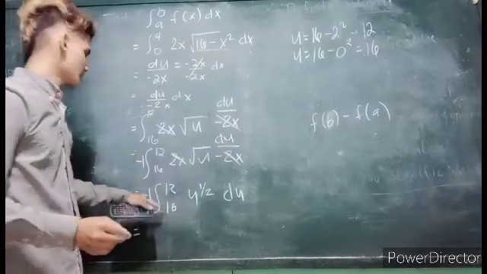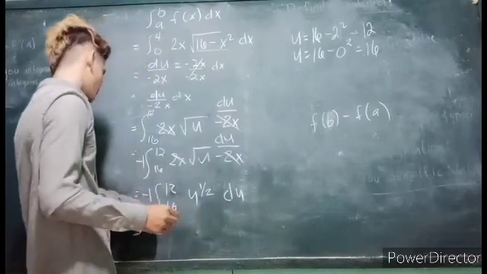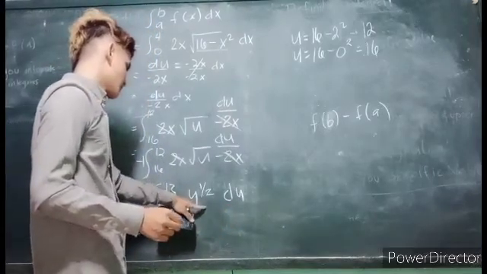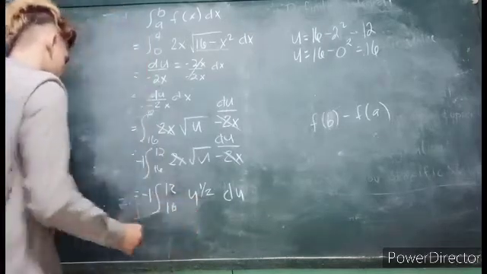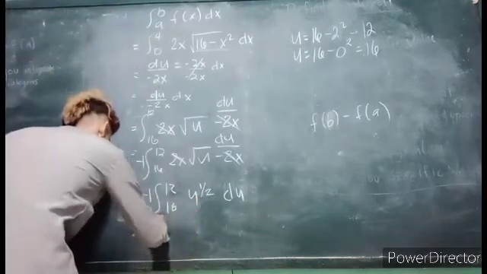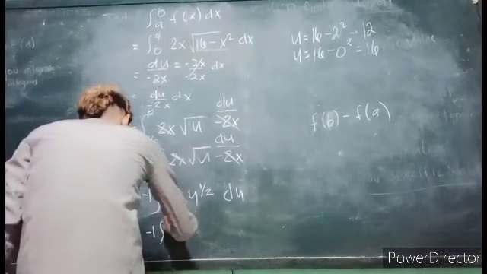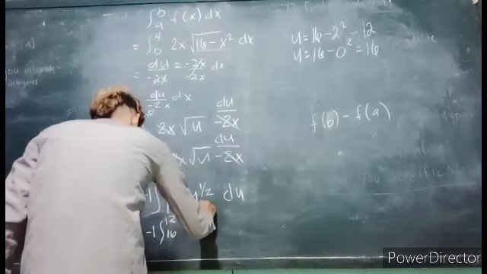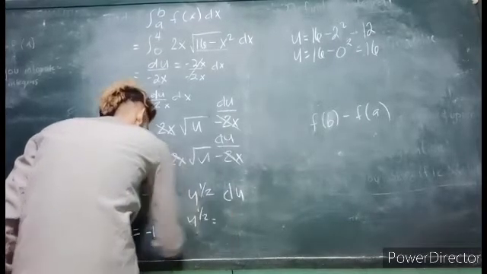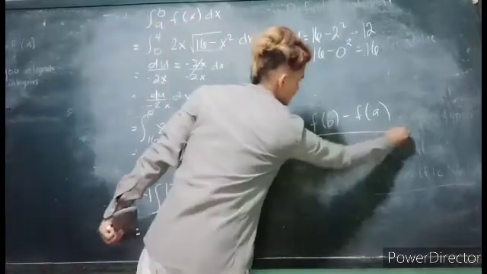What is the antiderivative of u raised to 1/2? So, negative 1, then u. So, we apply this.